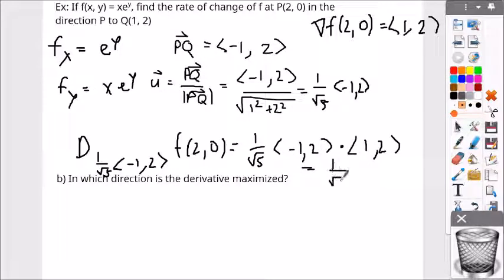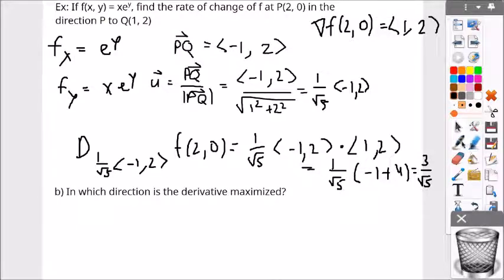Negative 1 times 1 is negative 1, and 2 times 2 is 4. So negative 1 plus 4 is 3, over square root of 5. That's your derivative. Now, in what direction is the derivative maximized?